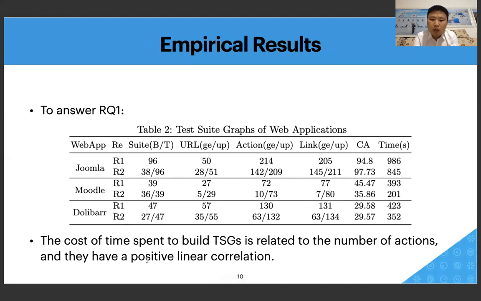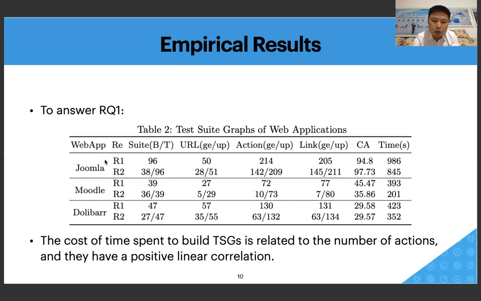Table 2 shows the test suite graph that we generated for each web application: the test suites, the URLs, the actions, and the links. We also record the time it takes to generate the test suite models.